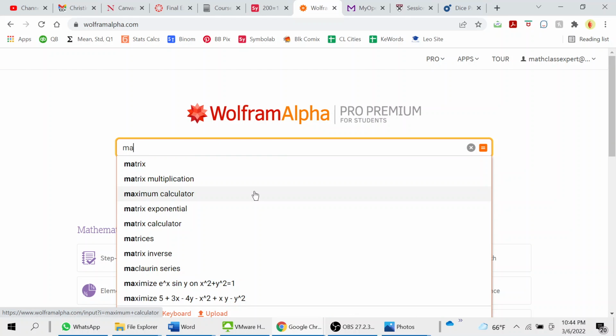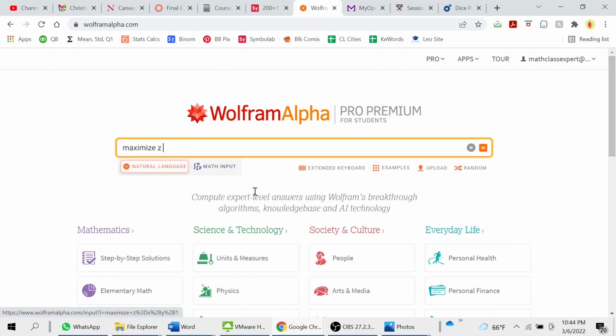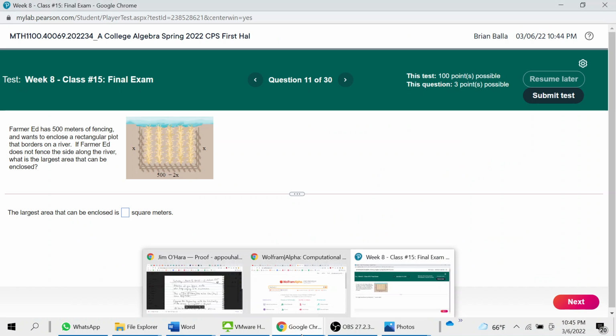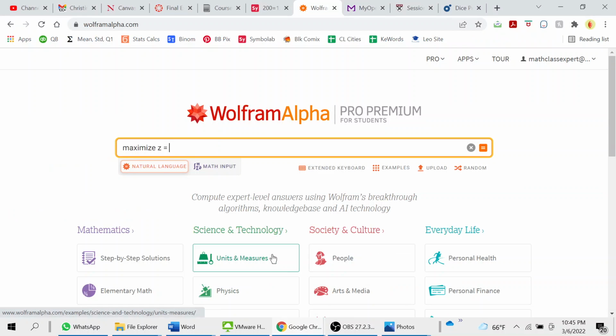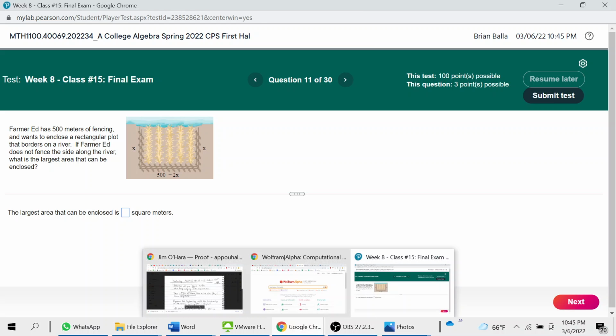Maximize z equals f of x, 500 minus 2x times x. We'll change this to y.